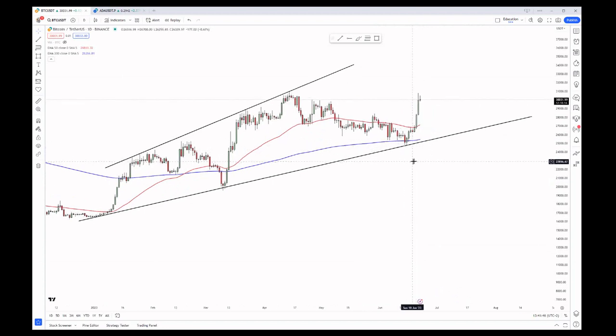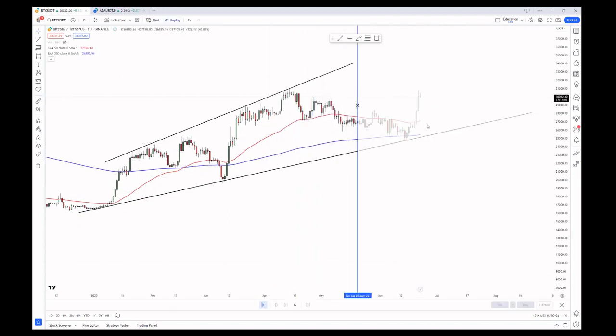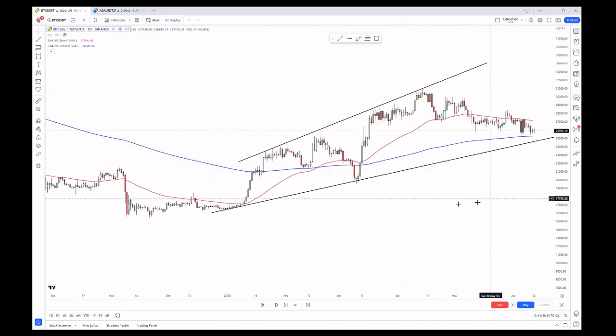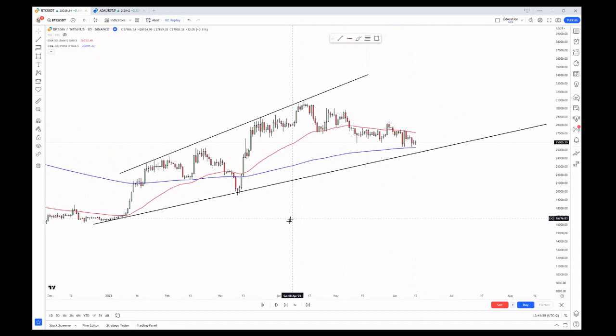For example, at this point, I wouldn't be entering long. Let's have a replay to this point. Let's say I would be looking at the chart like this, draw a trend line here, seeing the 200 EMA here. I would have looked for a breakdown, retest, and continuation down.